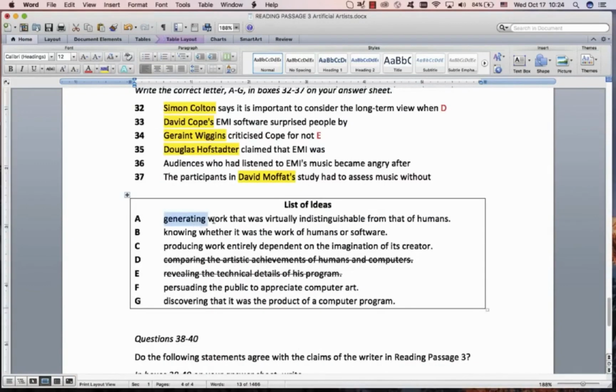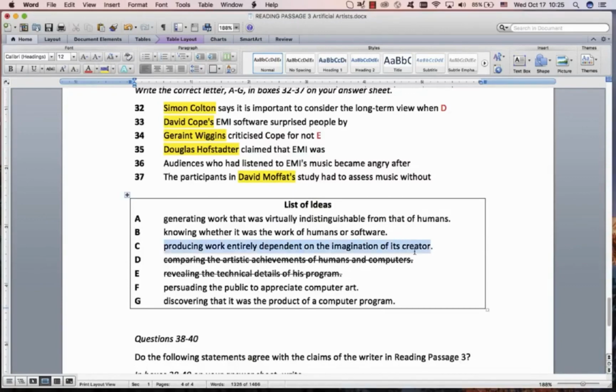Created, generated, yes. Nothing about humans. Knowing, no. Producing, created, good. Entirely dependent, rely. Imagination of its creator, original artist's creativity. That word there helped us a lot because depend and rely are strong synonyms. I've often seen them use depend and rely as synonyms, so make sure you know those.